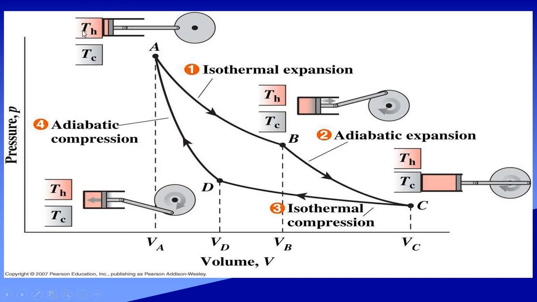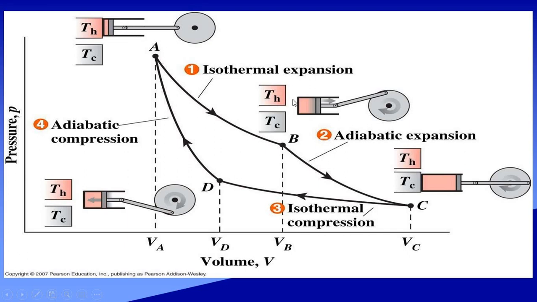So you can see here what we have assumed: a heat source and a sink or insulator, a perfect conductor and a perfect insulator. When the cylinder head gets in contact with this source, heat energy is made to travel inside this engine cylinder, and the piston will move away from the cylinder head in this direction.